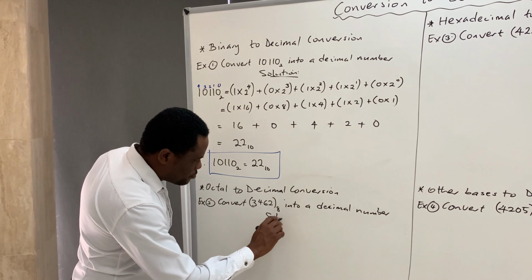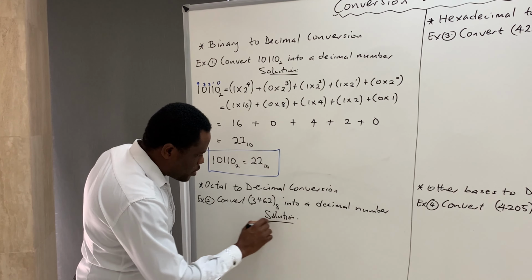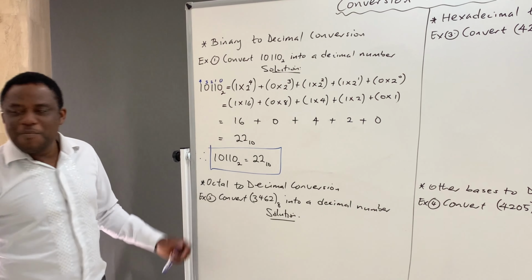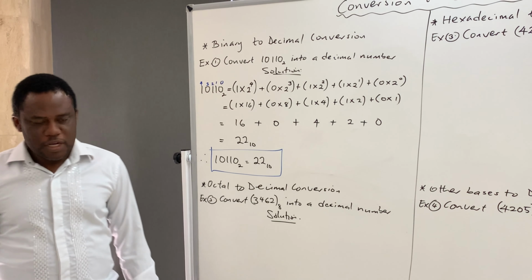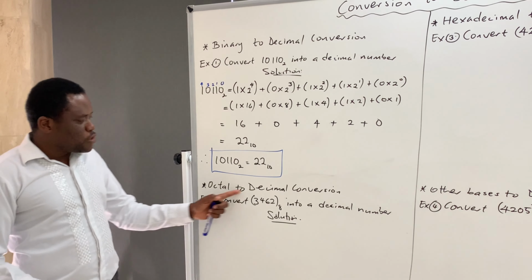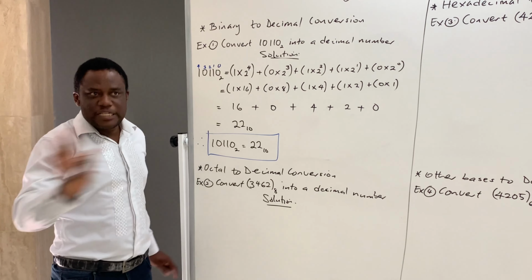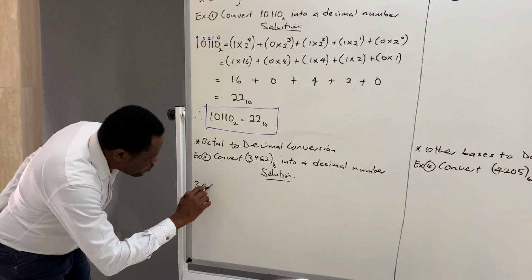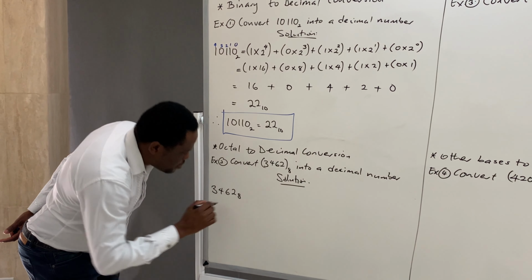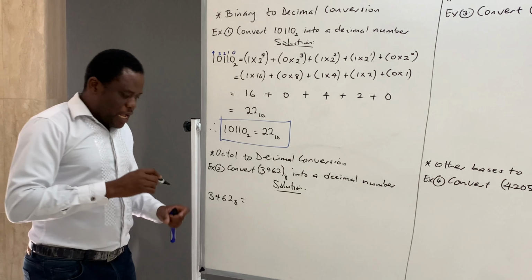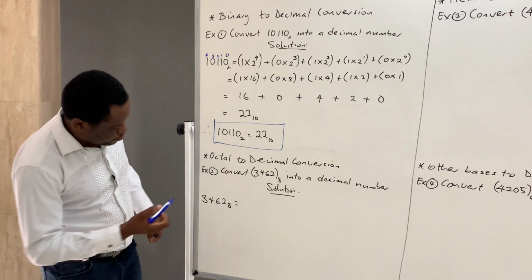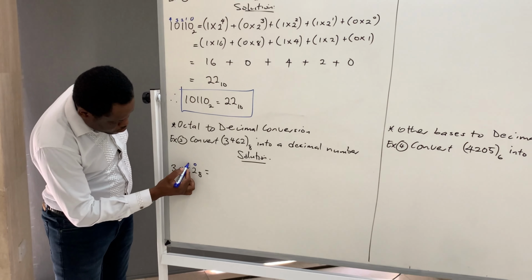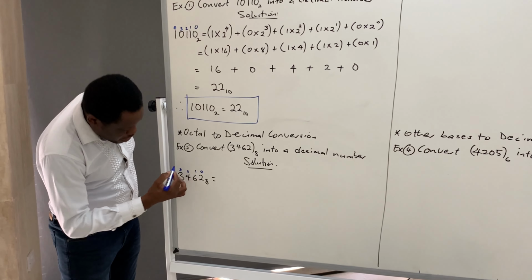The second question. This is octal. Octal means 8. So octal to base 10. The same thing, but the difference here is instead of 2, we have 8. But the procedure is the same. So 3, 4, 6, 2 in base 8. Count as usual: 0, 1, 2, and 3.